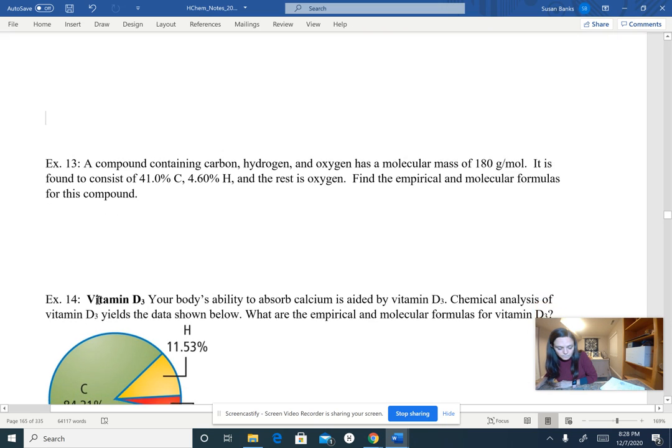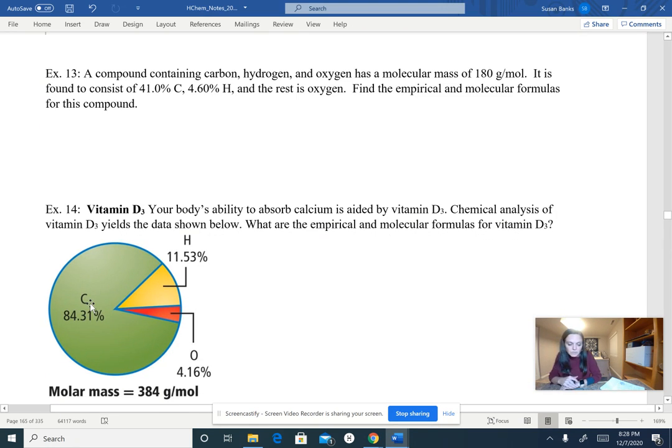So, compound example 13. A compound containing hydrogen, carbon, and oxygen has a molar mass of 180 grams per mole. It's 41% carbon, 4.6% hydrogen, and the rest is oxygen. So the first thing we've got to do is figure out the percentage of oxygen.